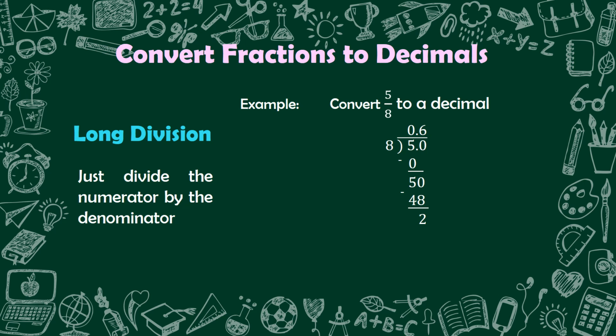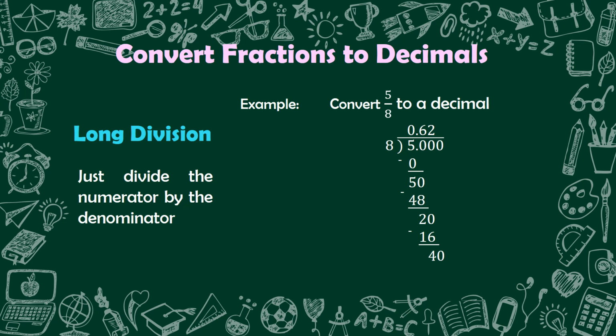Add again another imaginary 0. We will have 20. 20 divided by 8 is equal to 2. 2 times 8 is equal to 16. Let us subtract. 20 minus 16 is equal to 4. Since it's not yet 0, we still need to add imaginary 0.